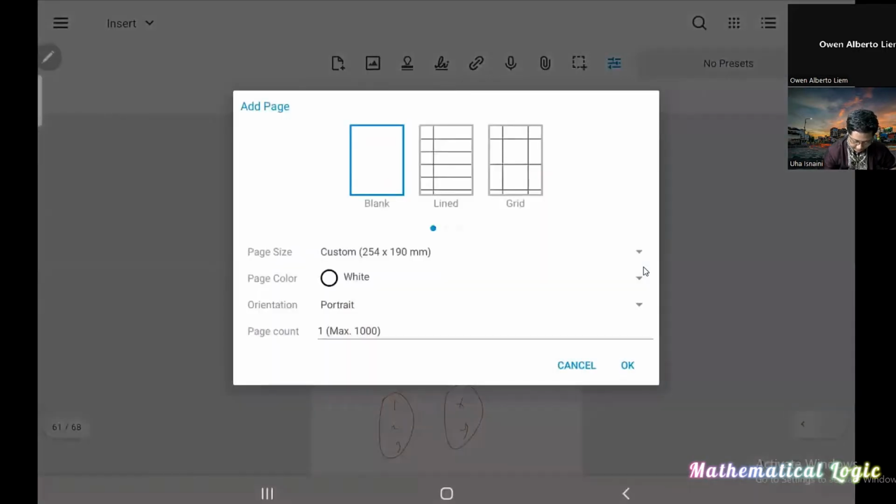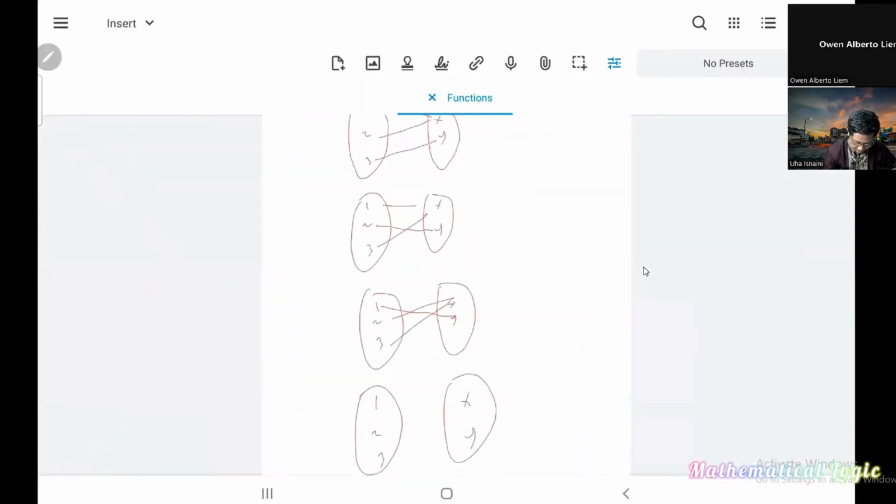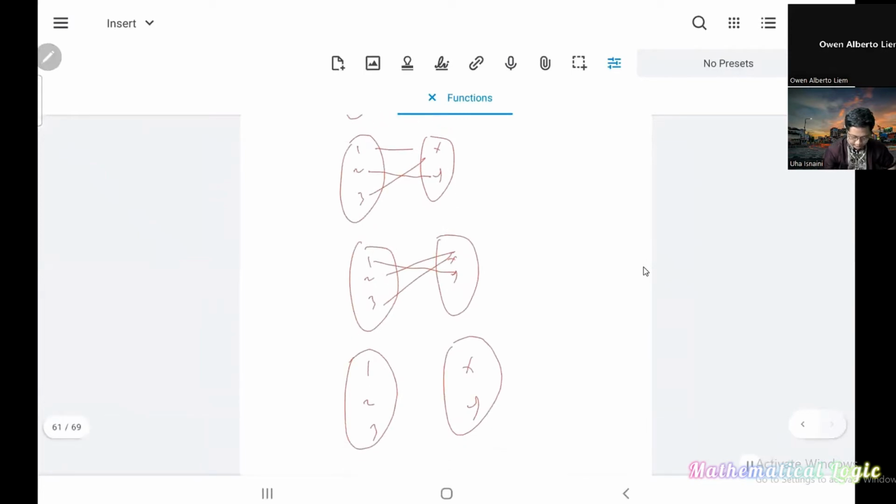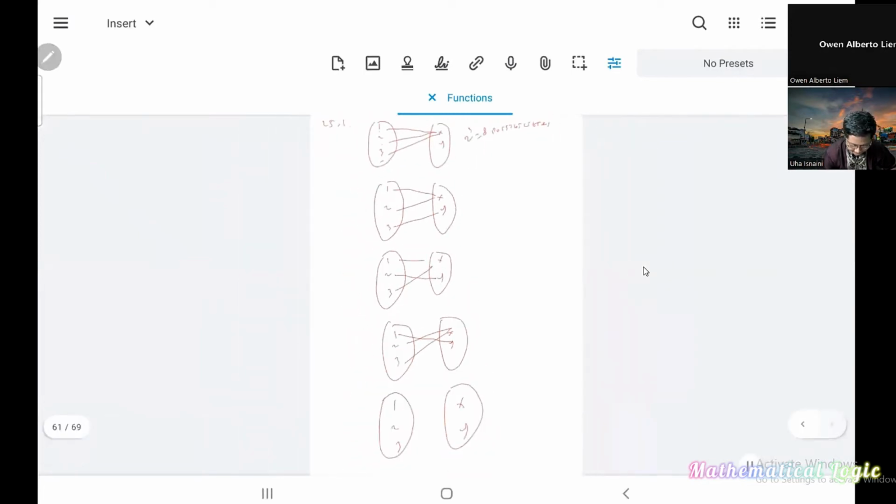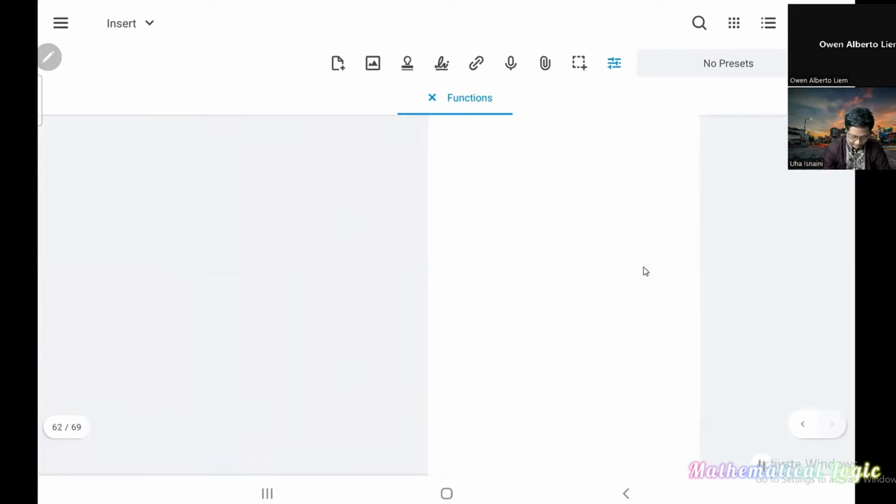I think I should add another one. We still miss 4 more, right? When one element goes to y, I think that's all. And then we need 2 elements to go to y. So here 1 to x, and then 2 to here.